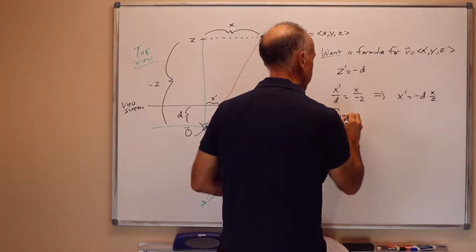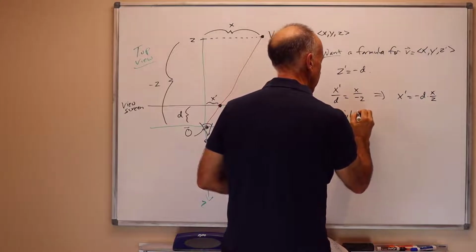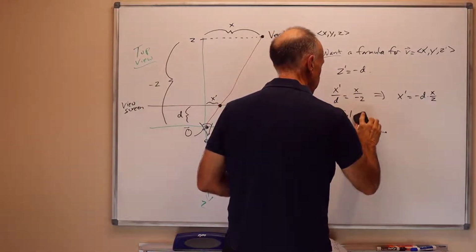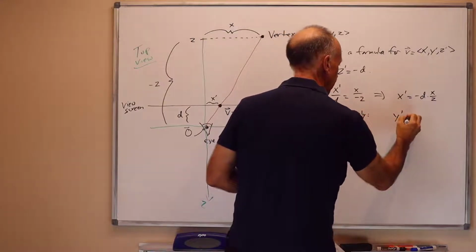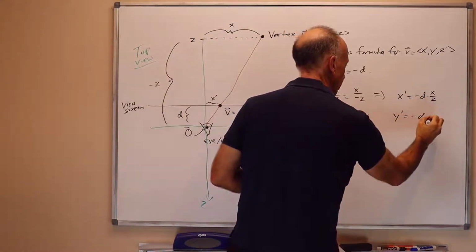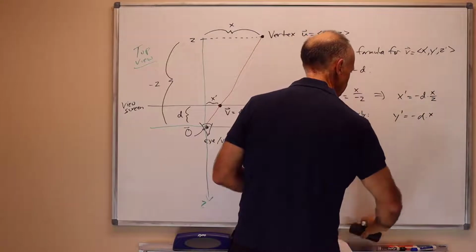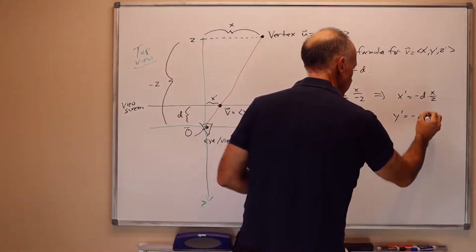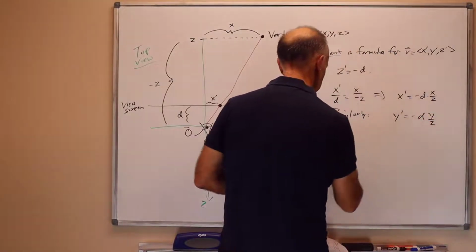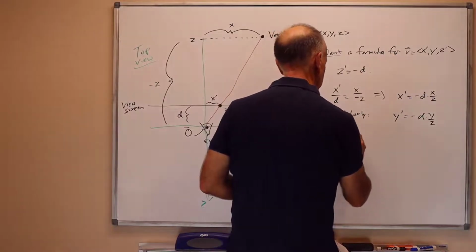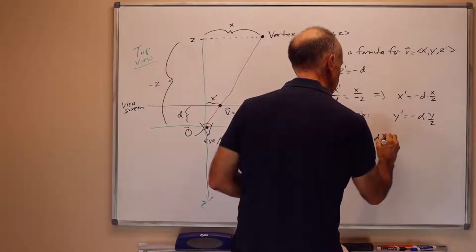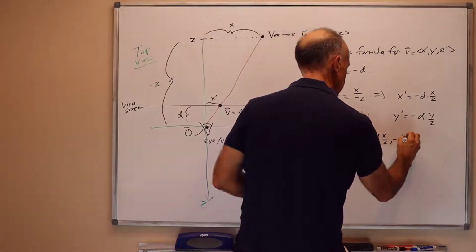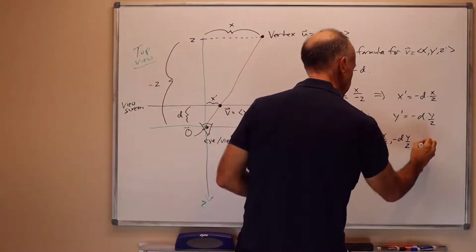And similarly, y prime equals negative d times y over z. So v is going to be the point negative d x over z, negative d y over z, negative d.